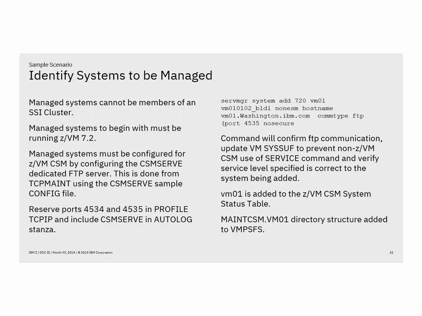This means modifications to the profile TCP/IP, the DTCPARMS file, to add a new server, CSM serve, as a type FTP server. That's the most critical work that I need to do.